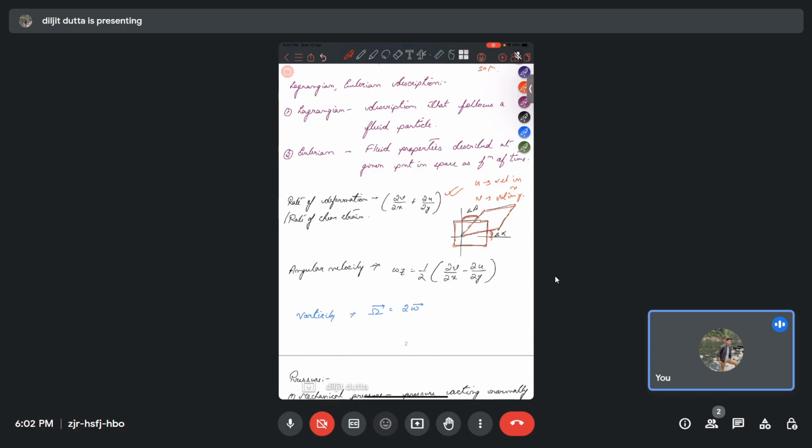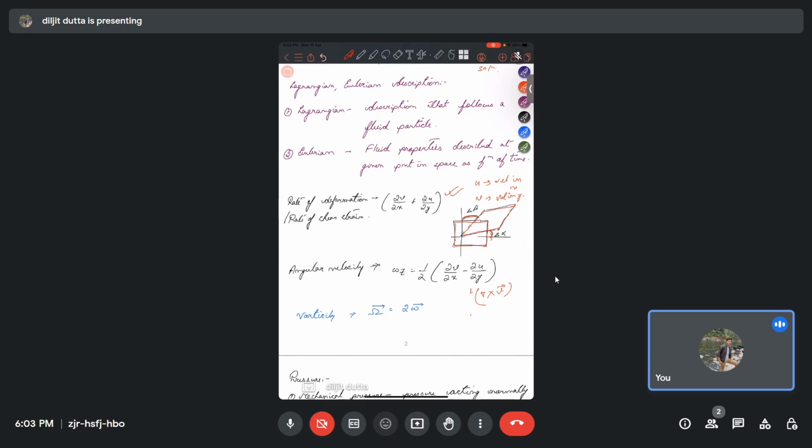And the second thing is the angular velocity. We define the angular velocity omega as half of del v by del x minus del u by del y. So this is equal to del cross v, the curl of the velocity.